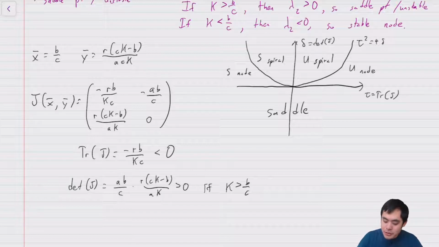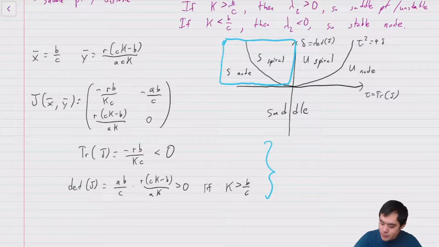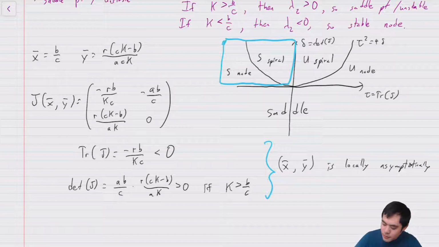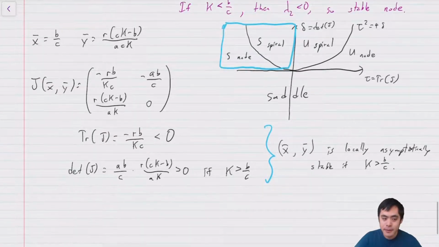If that's greater than 0, then we are in this region. Together, these imply that (x bar, y bar) is locally asymptotically stable if k is greater than b over c, which is necessary for it to be positive.